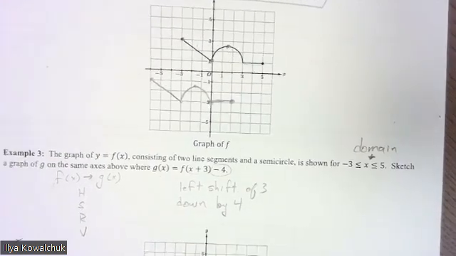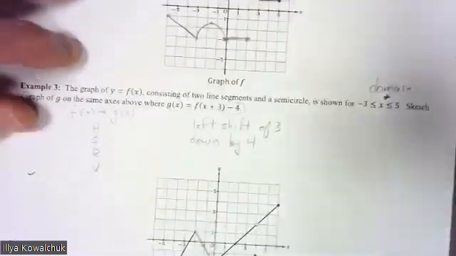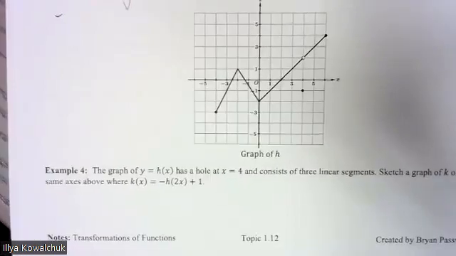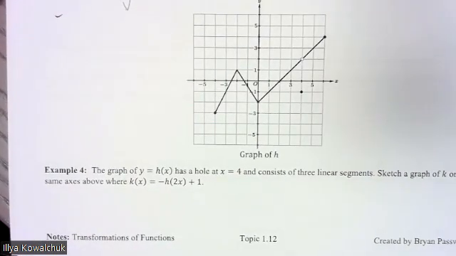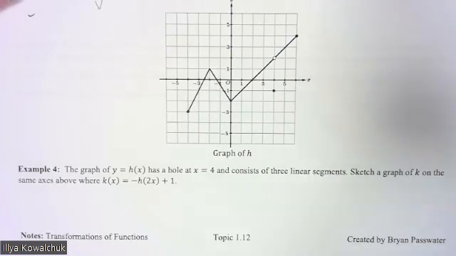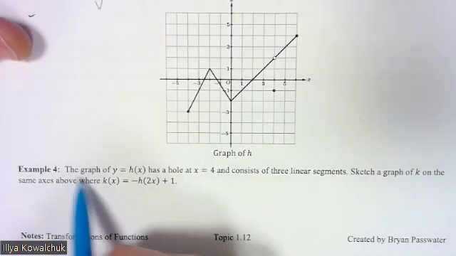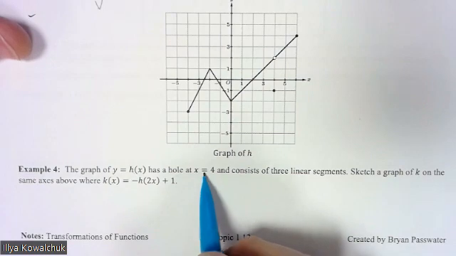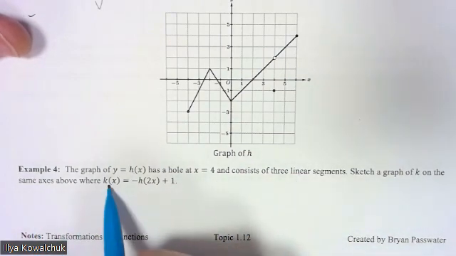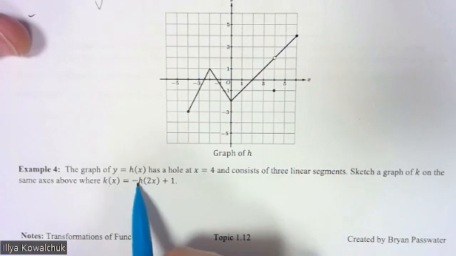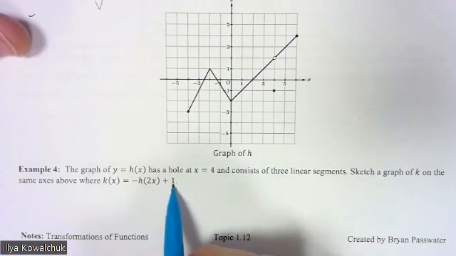All right. Let's see, example 4. All right, so here we have y equals h of x. It's got a hole at 4, and it's got 3 linear segments. So k of x is equal to -h of 2 of x plus 1.